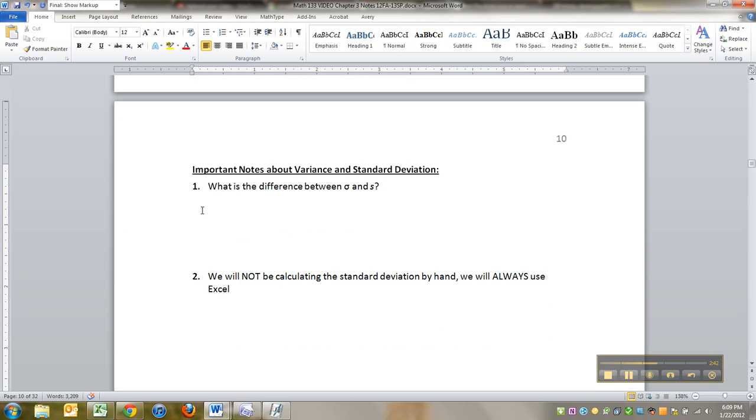So let's start with the first thing. What is the difference between sigma and s? Little o with a tail on it is sigma. Sigma is population standard deviation.